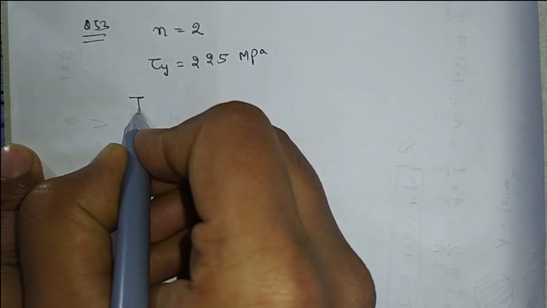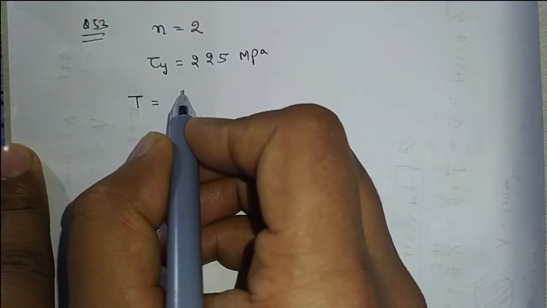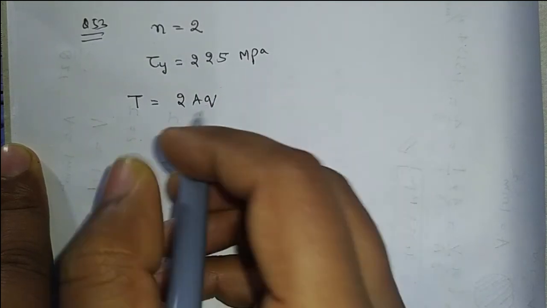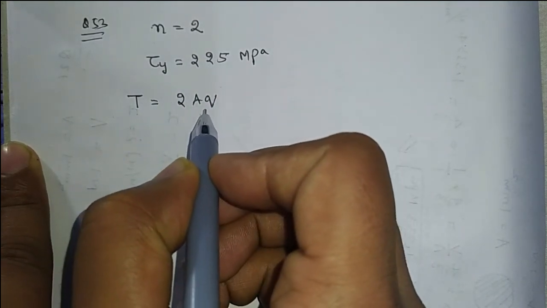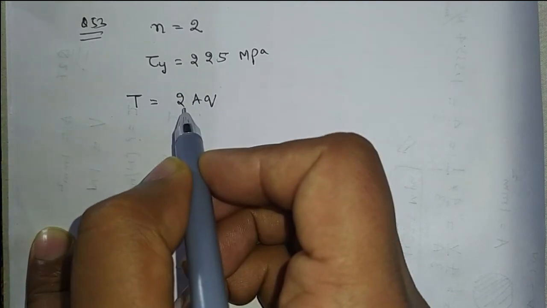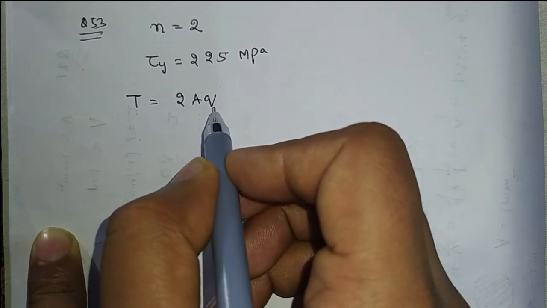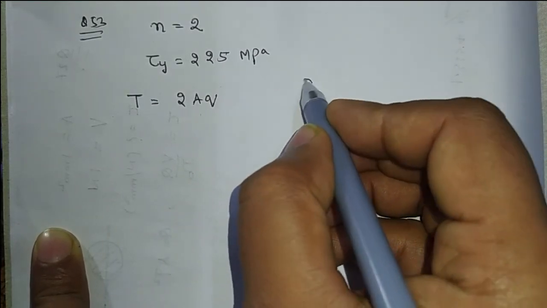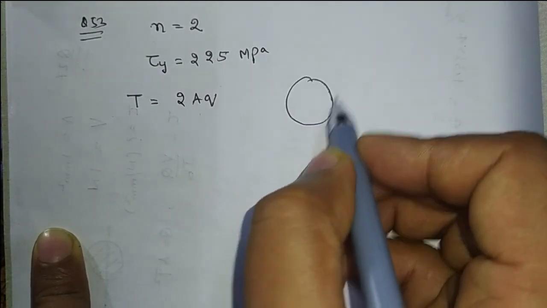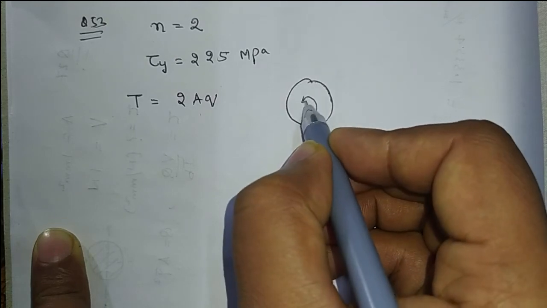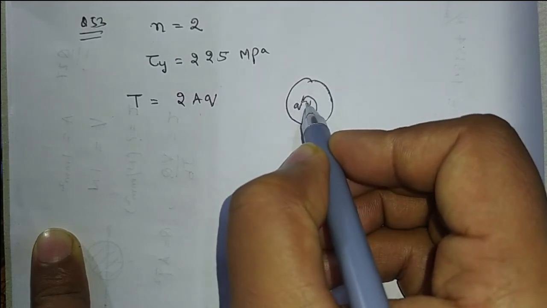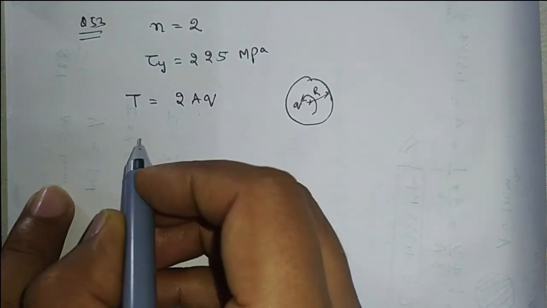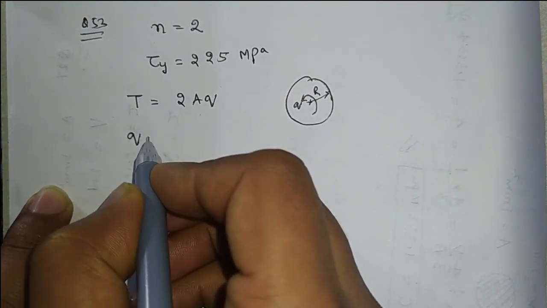and as we know, the torque for the thin walled closed section is given by 2AQ. A is the area enclosed by the thin wall, and Q is the shear flow in the section. So this is the section and this is the shear flow, and the radius is R. So we can find the shear flow.